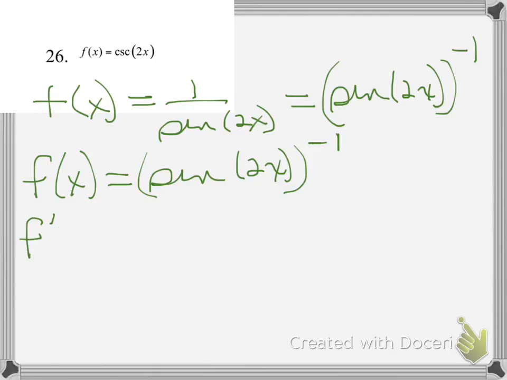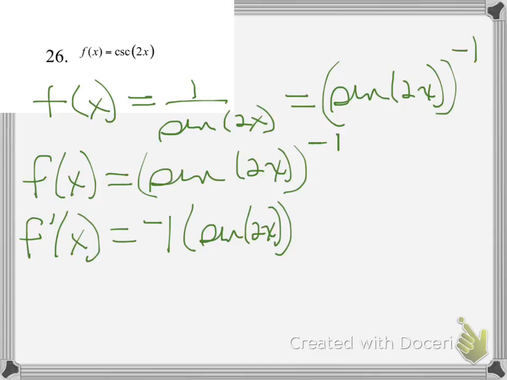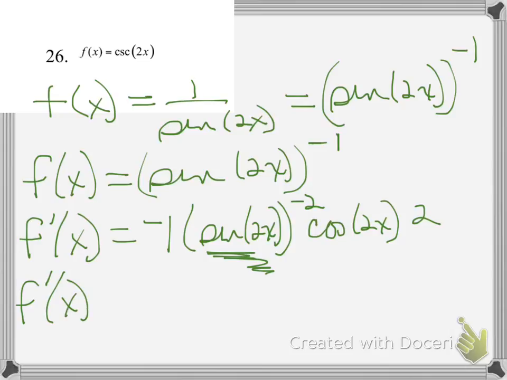Alright, so take your derivative. You have a power. You should be expecting 2 trig functions and the derivative of the angle. So power rule, negative 1 sine 2x, that's raised to one more negative, so negative 2. Take the derivative of sine 2x, that would be cosine 2x. Take the derivative of 2x, which is 2. Do not leave it like that.